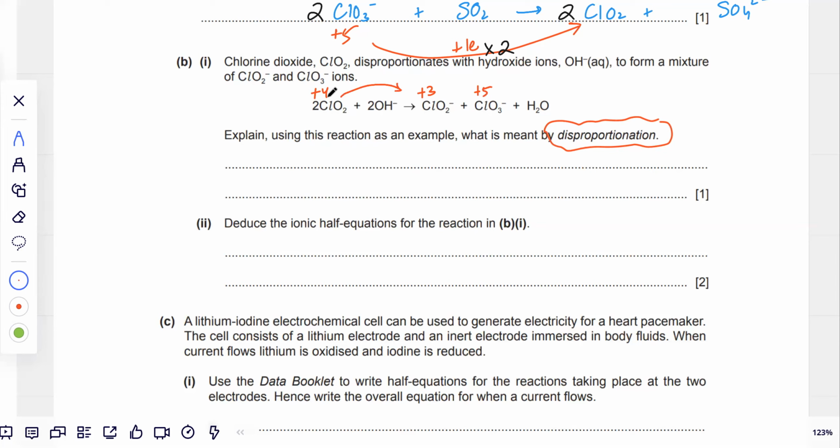That's reduction that's happening, and it's going from +4 to +5. That's oxidation that's happening. So what is meant by the term disproportionation? You're going to say that it's the same element getting oxidized and reduced. So Cl goes from +4 to +3 and also goes from +4 to +5 and gets oxidized.